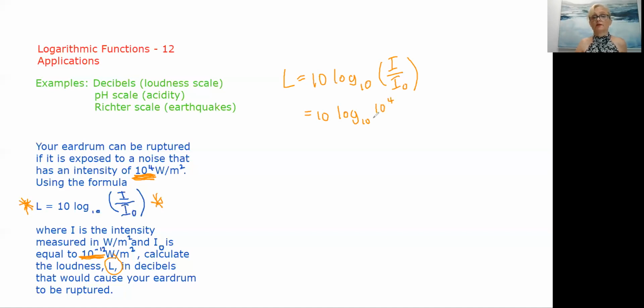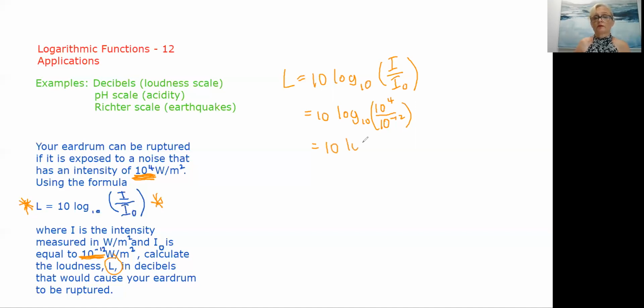So put that in there for I. I naught is our 10 to the negative 12. So very quickly, we've turned a worded question into a mathematical one where we are substituting values into a formula. Now we're going to work with this formula and see what we can come up with.